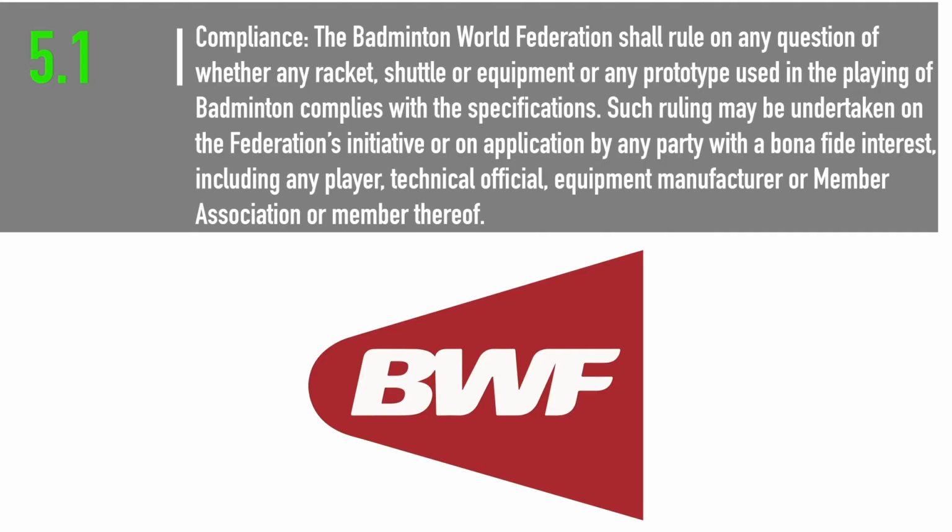Such ruling may be undertaken on the Federation's initiative or on application by any party with a bona fide interest, including any player, technical official, equipment manufacturer, or member association or member thereof.